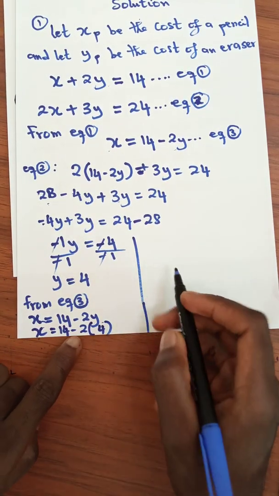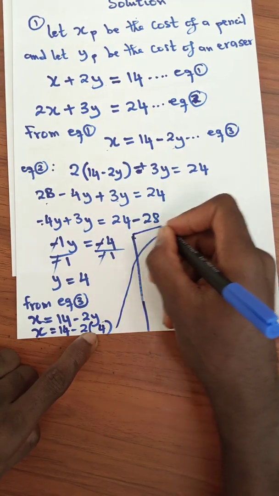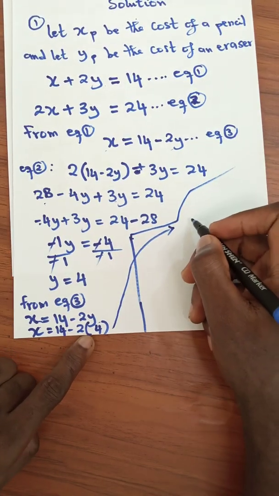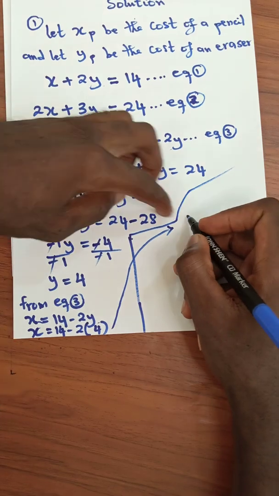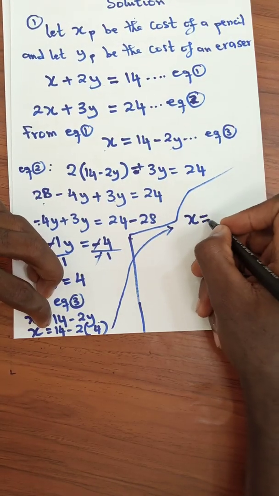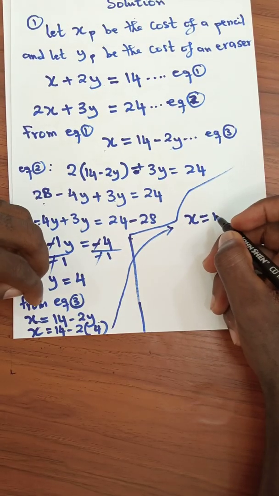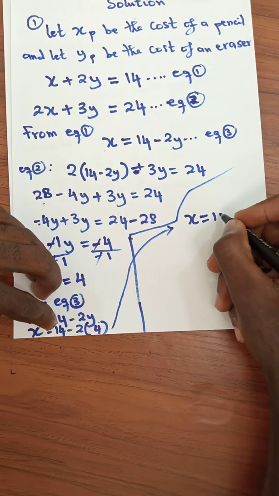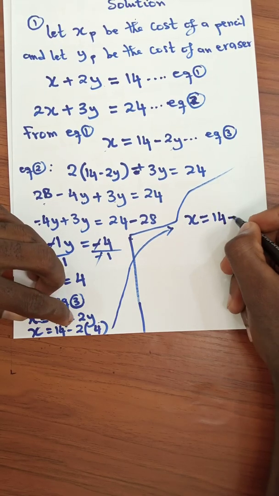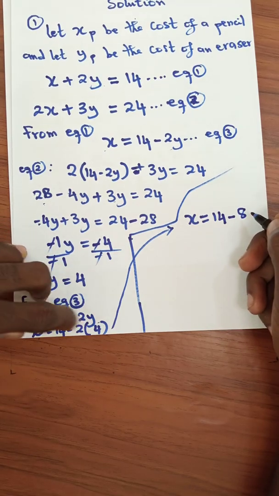So let me come here. Doing the algebra here, x is equal to 14 minus 2 times 4, which is 8, right? 2 times 4 is 8.